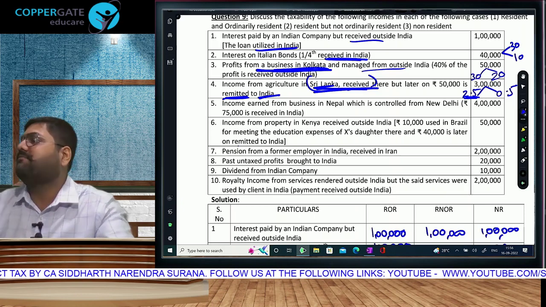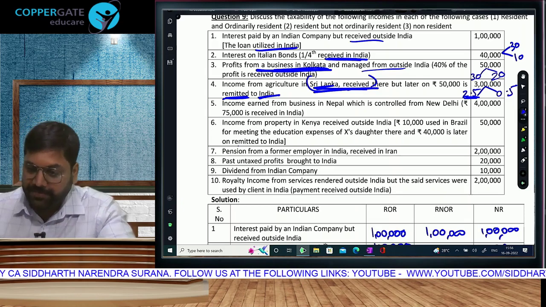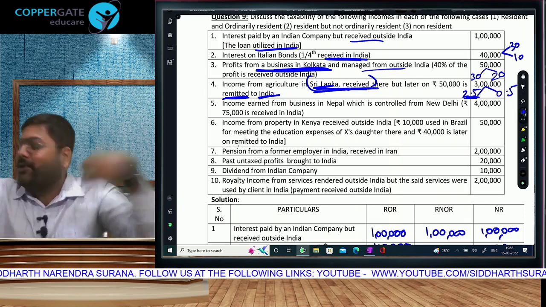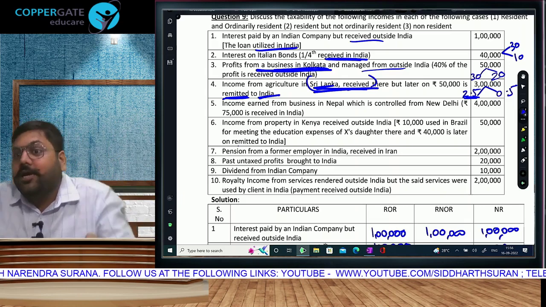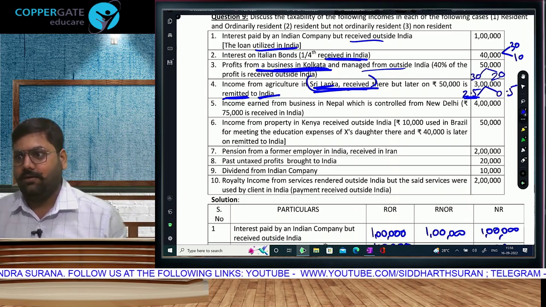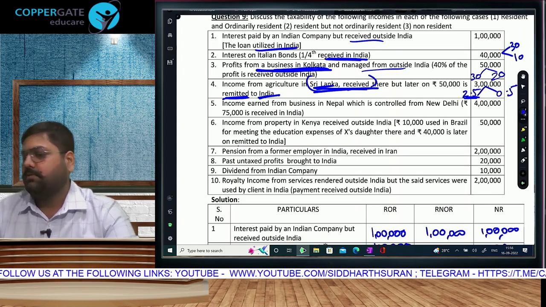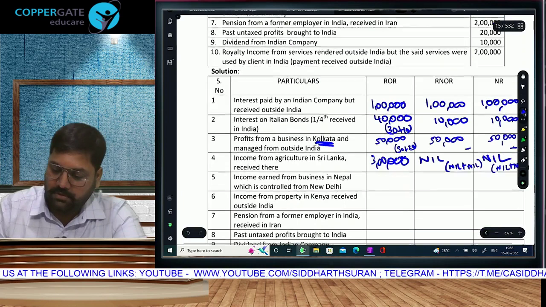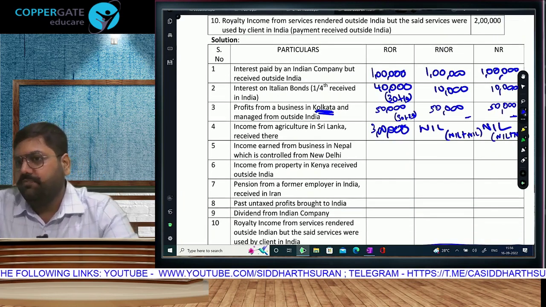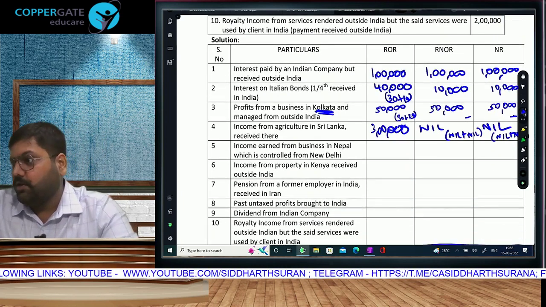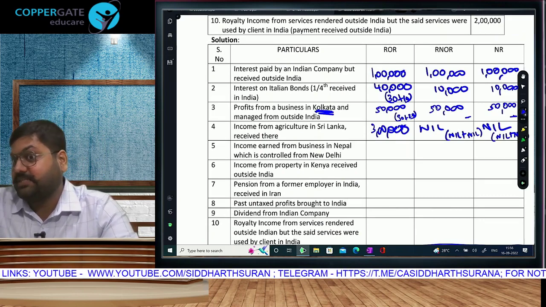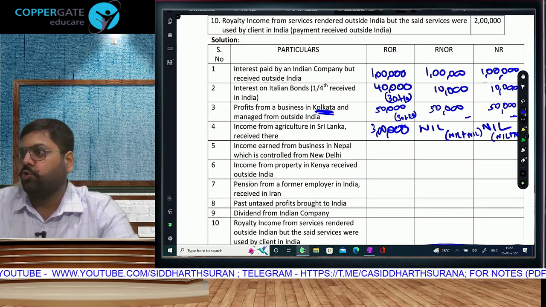That does not mean that income has arisen again. And therefore, just because the question says India, it is not India; the money has only been brought to India, and no activity of the process of earning has taken place. And therefore, that 50,000 also will not come here. Don't fall for their trick. This is ICAI. They want you to lose marks.